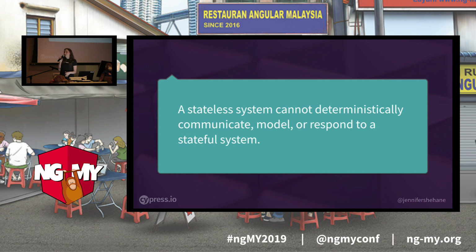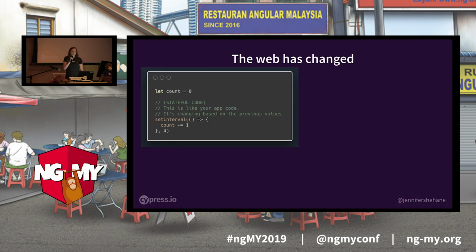So the theory behind these flaws is that a stateless system cannot deterministically communicate with, model, or respond to a stateful system. This is kind of the definition of flake when this system exists. To quickly demonstrate what I mean, we'll go through an example in JavaScript.